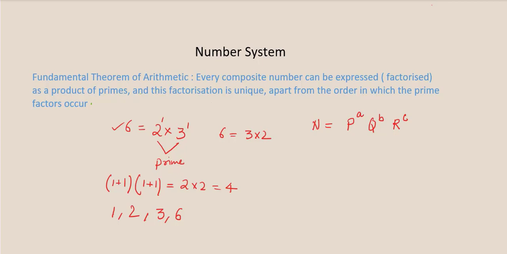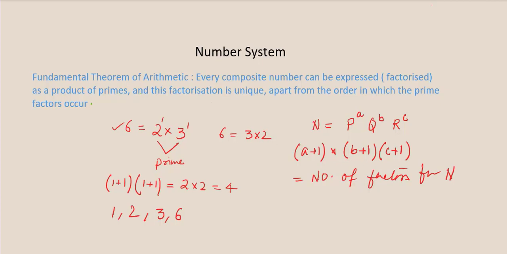And if you want to know how many factors are available for n, then you can write it as a plus 1 multiplied by b plus 1 multiplied by c plus 1, and you will get the number of factors for n. So, we will do some examples and we will find out how to do this.